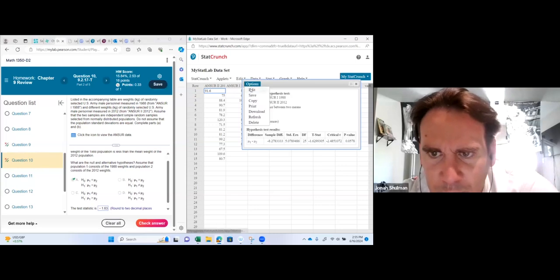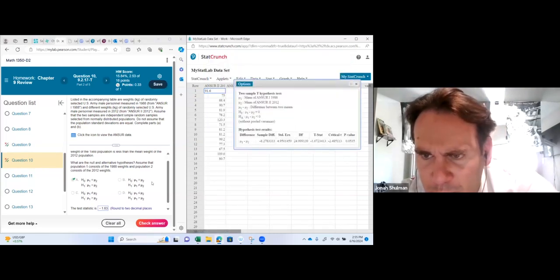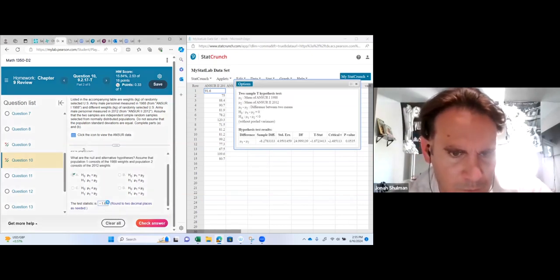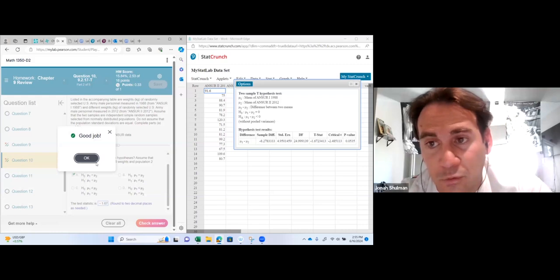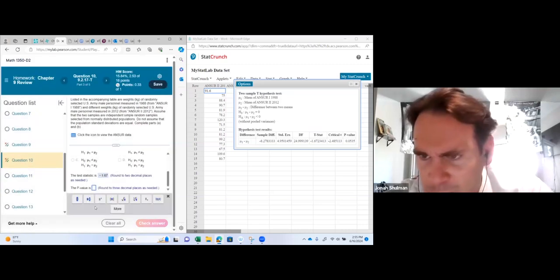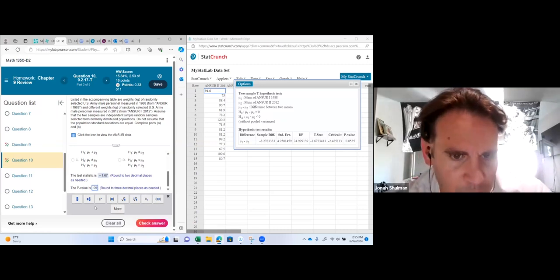Do I unpool the variances? Negative 1.67. Okay, not pooled variances. I'll survive. The p-value to three decimal places is 0.054.